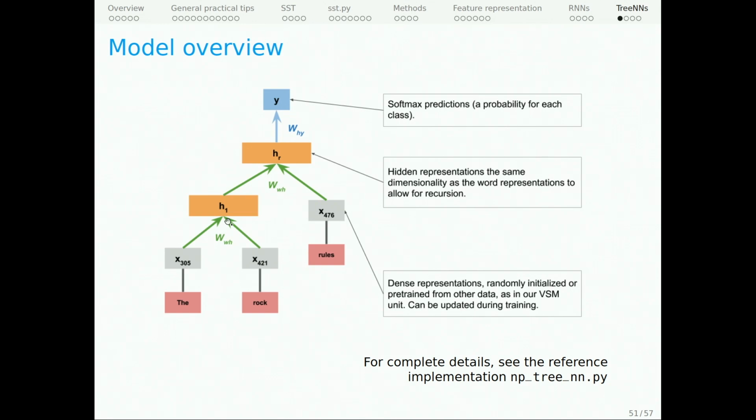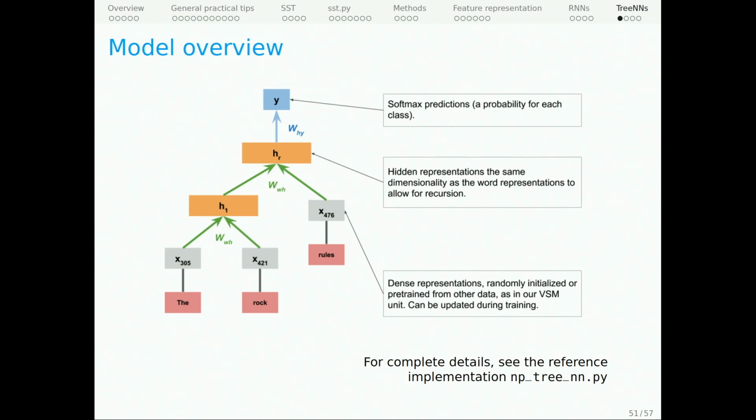It's just that instead of processing them input to hidden and then hidden to hidden, you take the child nodes and process them together to form the hidden representation. And you do that part recursively until you reach the root of the tree, which is a hidden representation. And that's the basis for your classifier. And from there, it's kind of, here in my code, softmax classifier as usual.